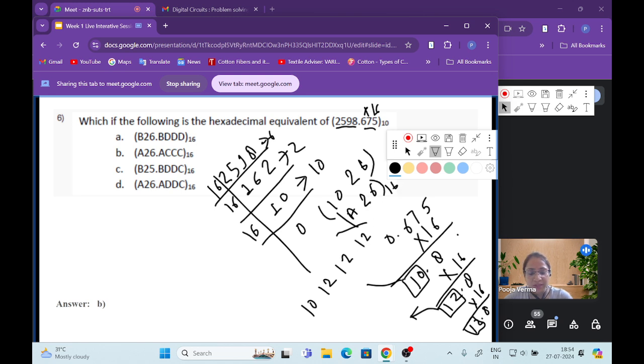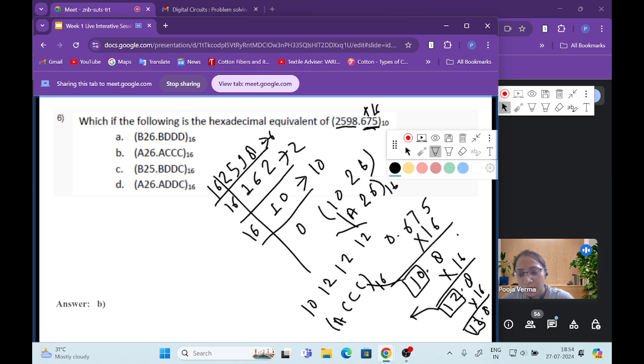So what is the representation for 10? That is A, and for 12 it is C in hexadecimal form. So the hexadecimal representation of the fraction part is ACC.